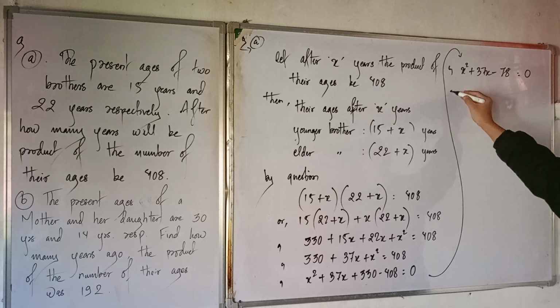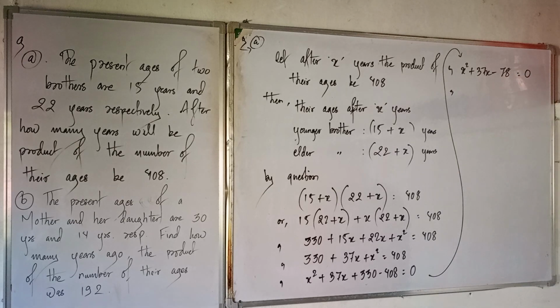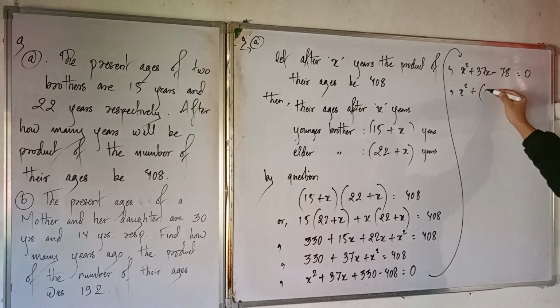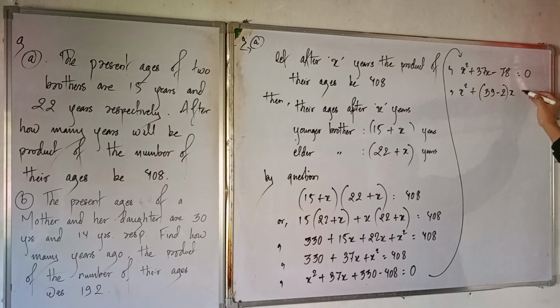Now you factorize this. Two times 39: 39 minus 2 will be 37, and 39 multiplied by 2 will be 78.